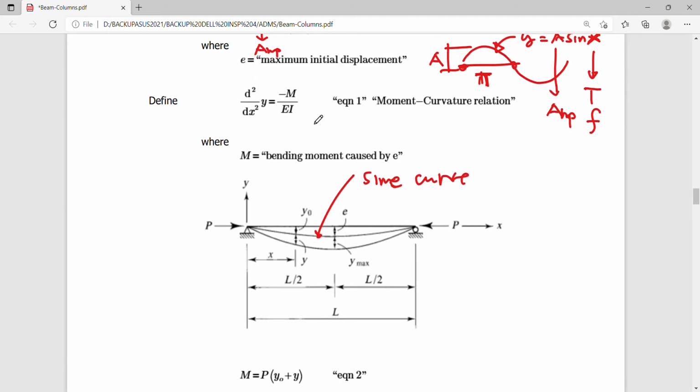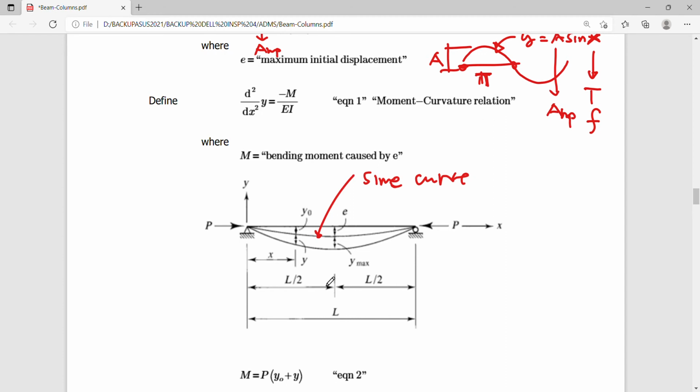This is the bending moment M caused by your eccentricity e in this particular initial curve, but in the final curve here, bending is amplified because of your P times Y0, the P-delta, the secondary moment.